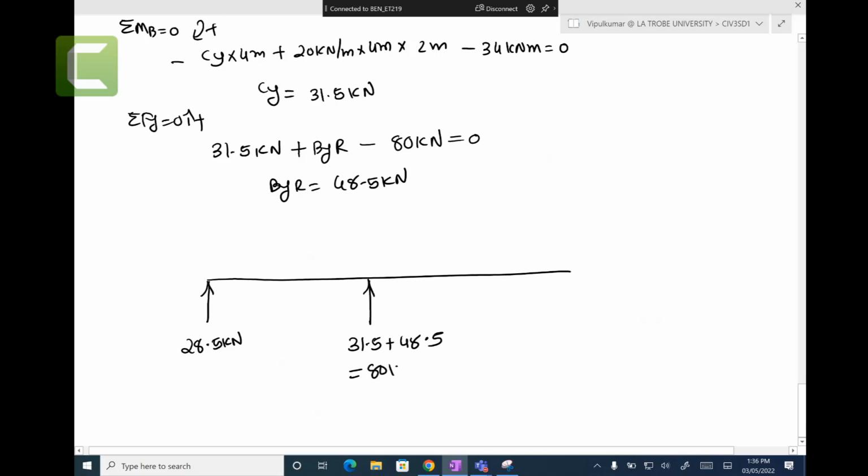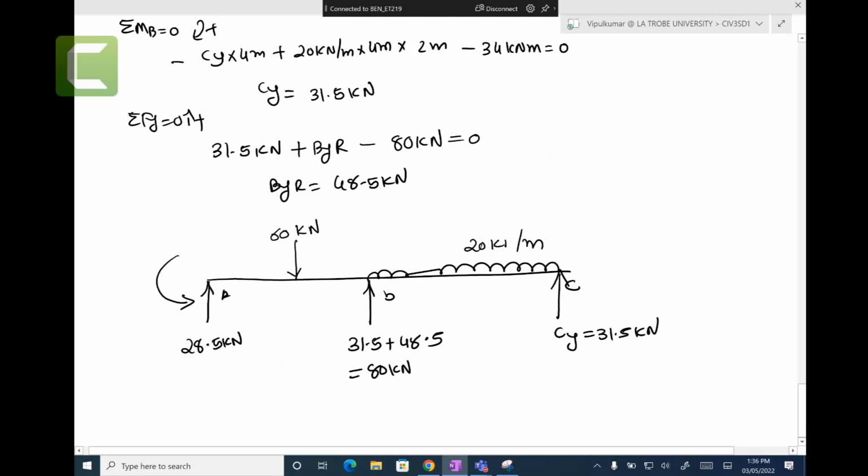So 80 kilonewtons at B. And CY is 31.5 kilonewtons. UDL load of 20 kilonewtons per meter, that is 60 kilonewtons. And there is a reaction moment here, which is 28 kilonewton meters.